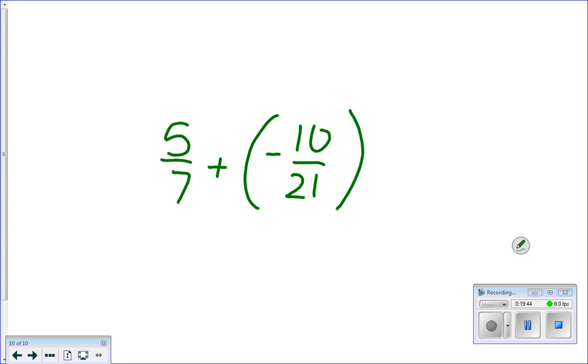I said Carver that time. You just couldn't hear it. I stumped the stumper. So if you change the 5/7, it becomes 15/21. 15 plus -10 is 5/21. So it's not negative. How's she doing? She just forgot her negative and her 10. Oh. Okay. All right.